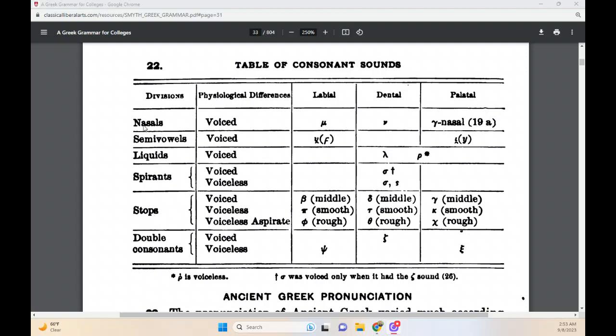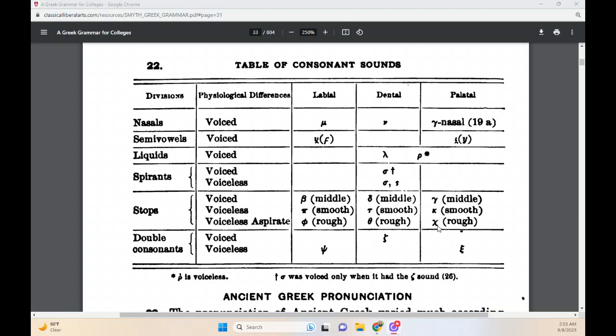We see that nasals are voiced, semivowels are always voiced, liquids are always voiced, spirants can be voiced or voiceless, stops can be voiced, voiceless, or voiceless aspirates, double consonants can be voiced or voiceless.